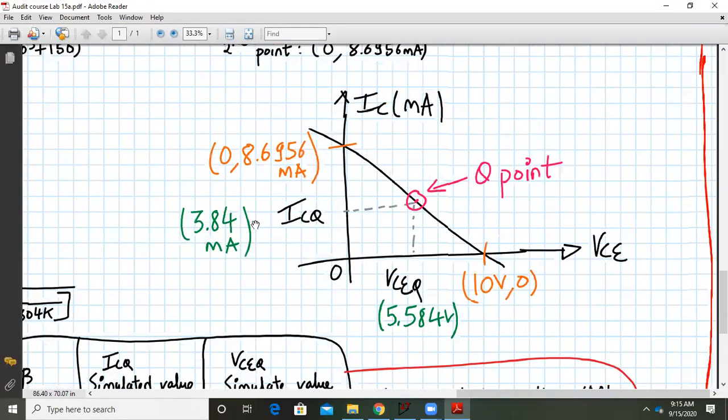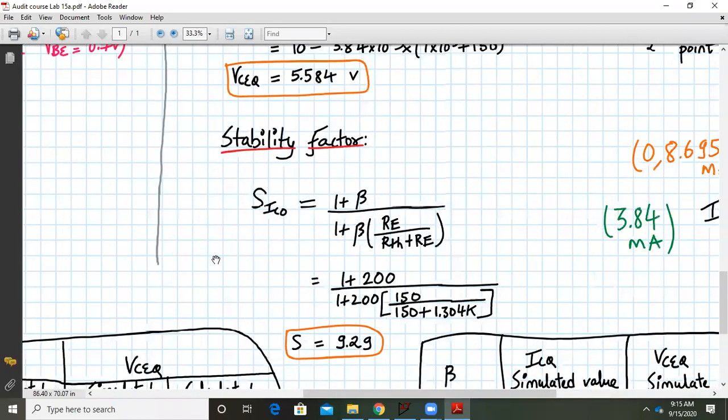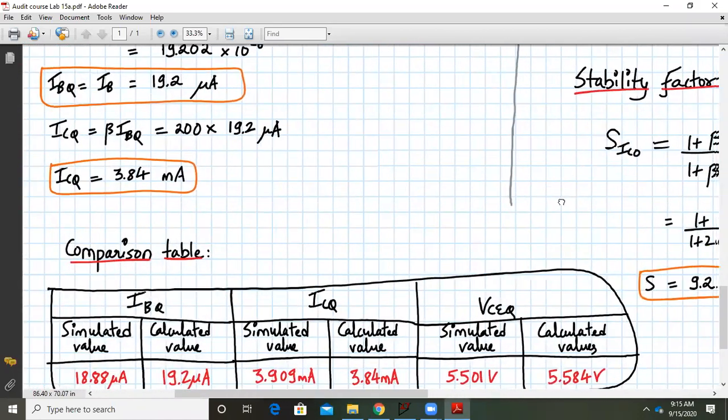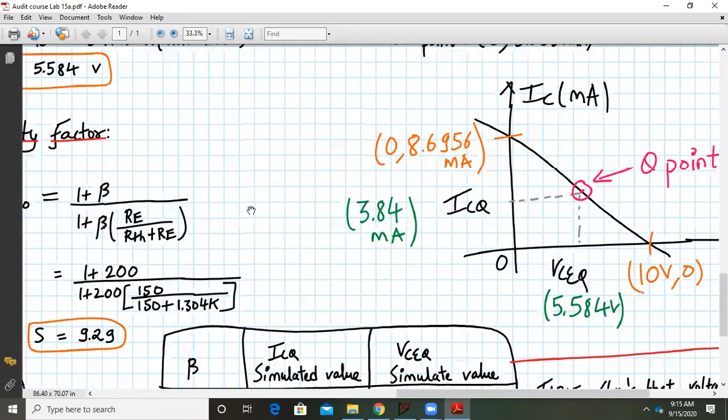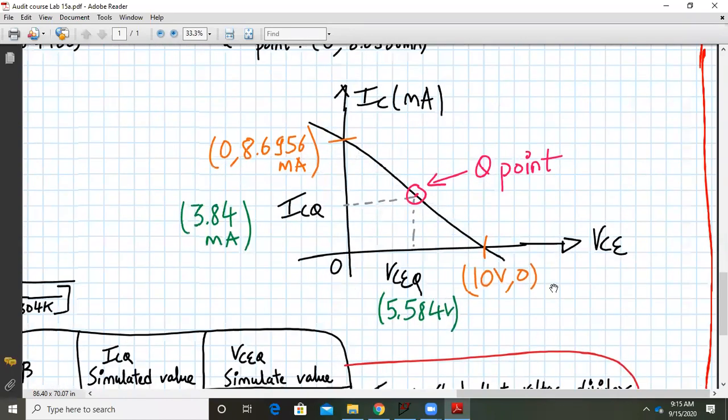We know that ICQ, which we have evaluated as around 3.84, and VCQ is 5.584. So let's try to plot this point on the DC load line. ICQ will be on the y-axis, so this is 3.84 milliamperes, and the VCQ value will be 5.84 volts.